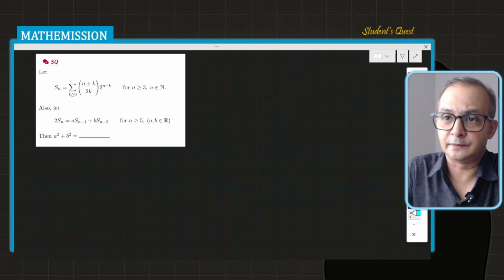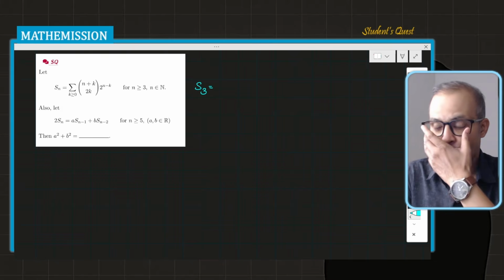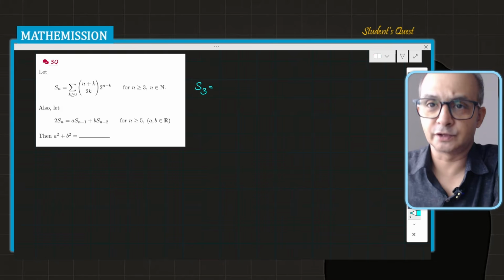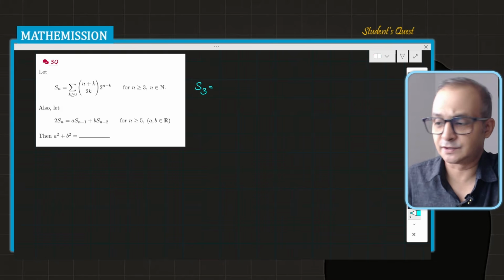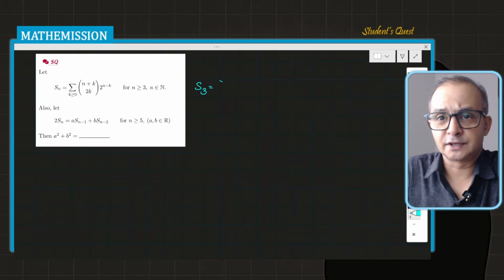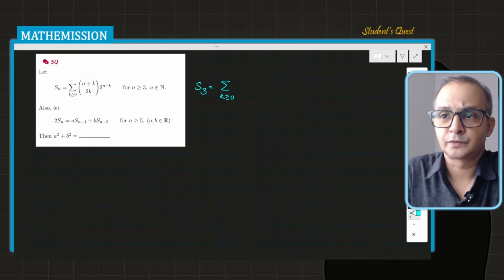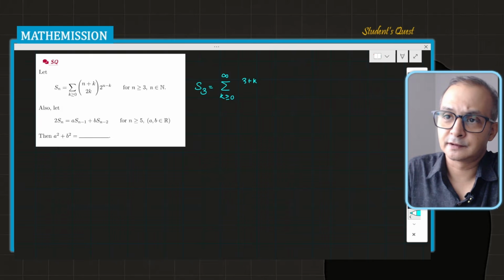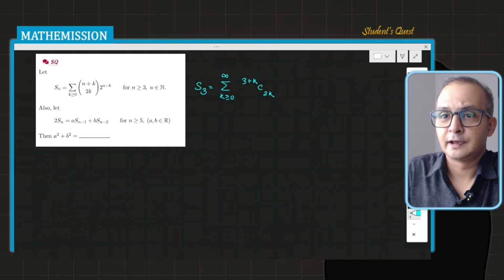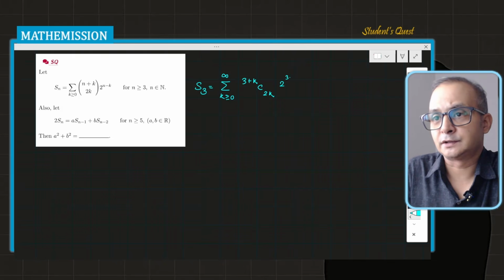Substituting n is equal to 3, S3 is the summation, k goes from 0 to infinity, of (3 plus k) C (2k) times 2 to the power 3 minus k.